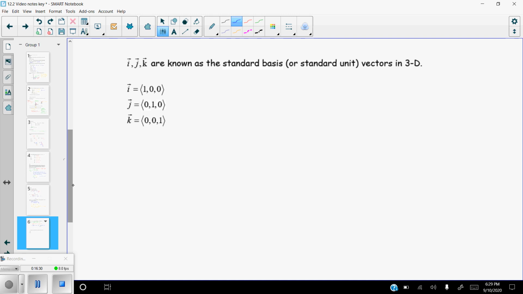The idea of this, and this is something you would definitely learn much more about in linear algebra, is that a basis is using these 3 vectors. We can get anywhere in 3-dimensional space by doing some kind of a combination.